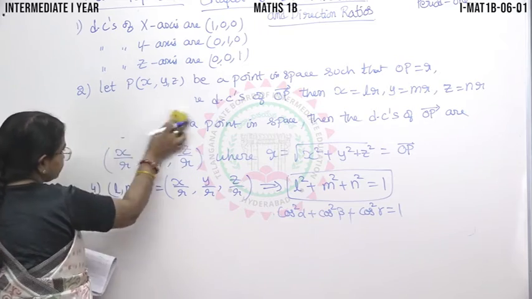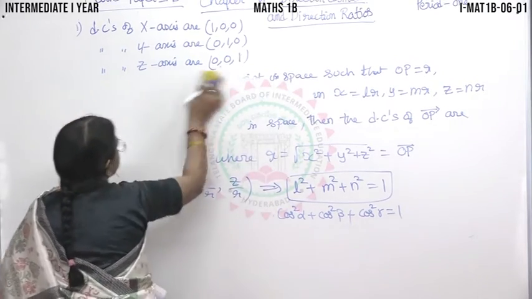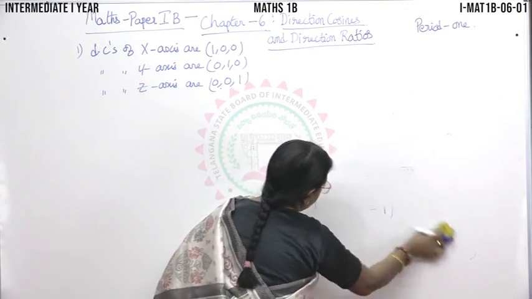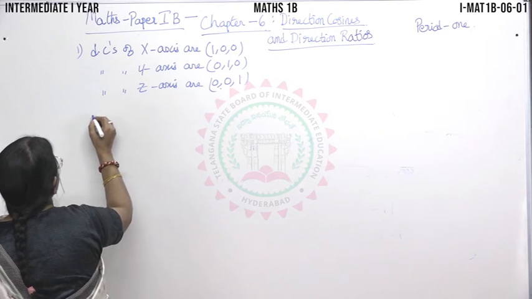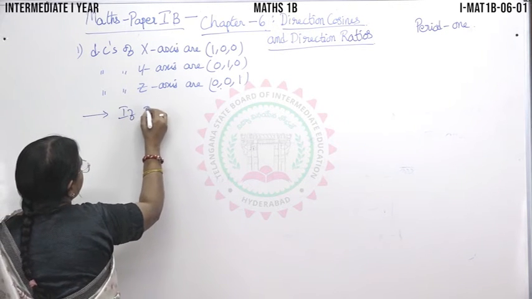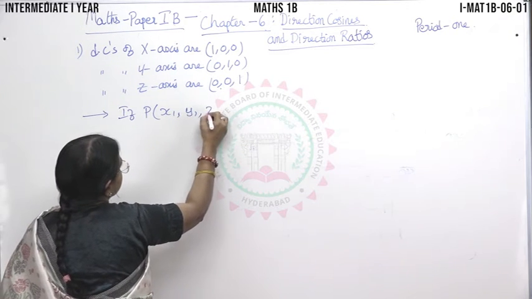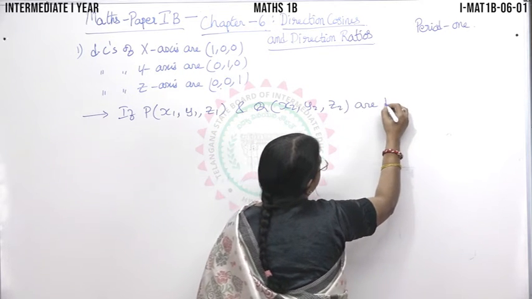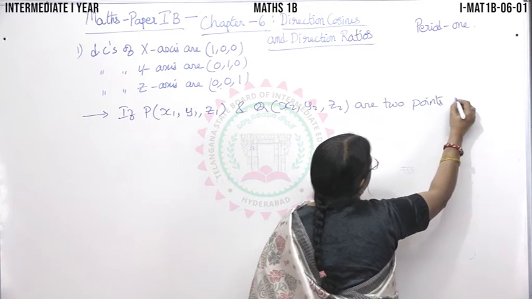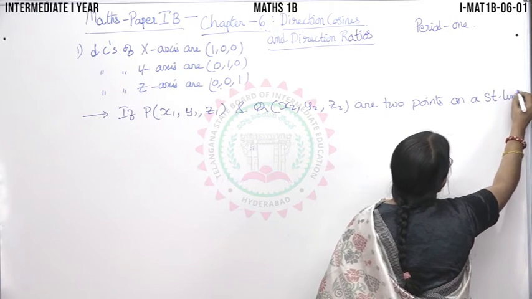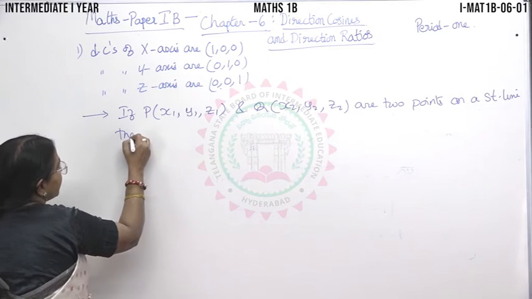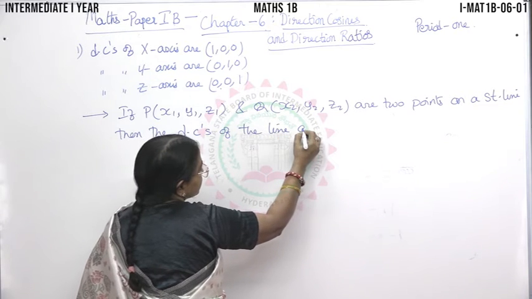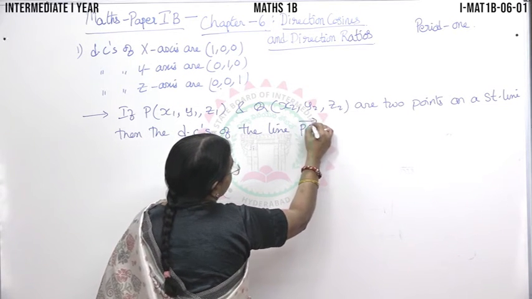Now the next point: suppose you have 2 points, P (x1, y1, z1) and Q (x2, y2, z2), lying on a straight line.